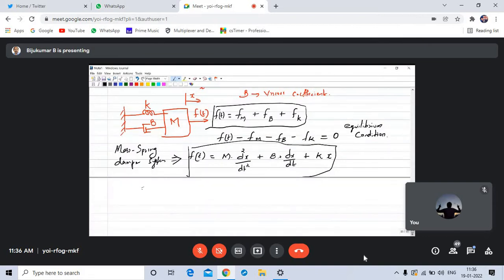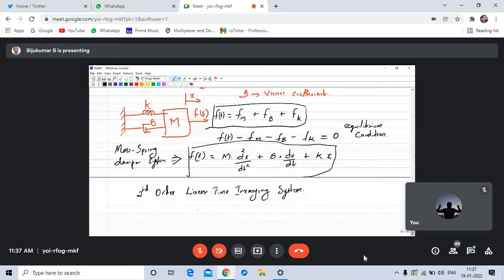So we can call this system a second order linear time varying or time invariant system.